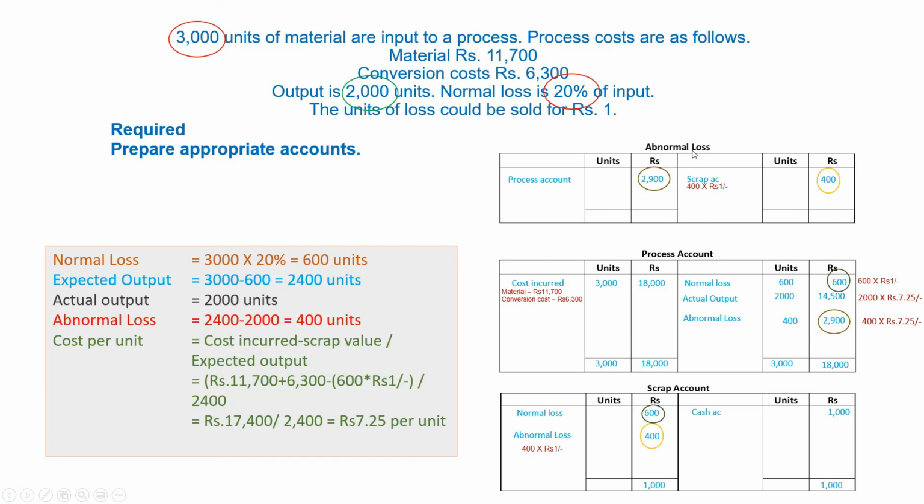Then the abnormal loss account had 2,900 and we sold 400 units at 1 rupee, so we realized 400 rupees. The remaining 2,500 will be transferred to the profit and loss account as abnormal loss, so that will be 2,900.